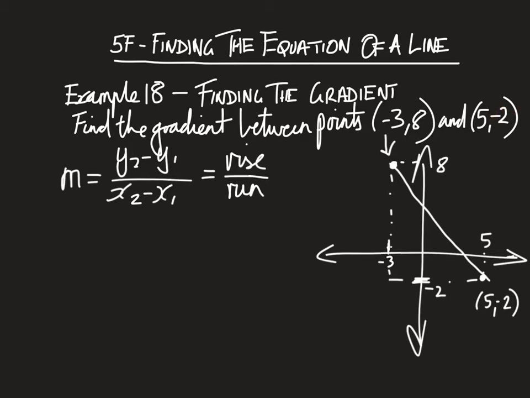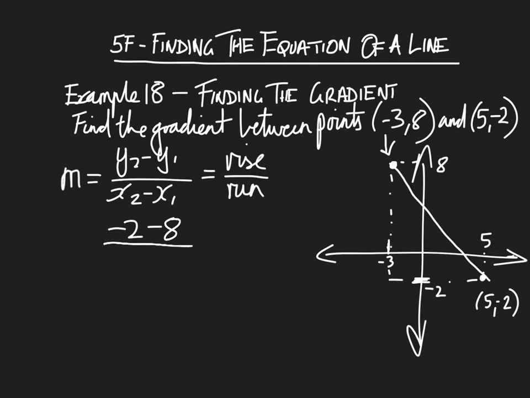So that should really be negative 2 minus, and then the y value from the first point. So the y from the first point, so x and y, is 8. So I'm going to write in here that that is 8. All over, so that's the top line.